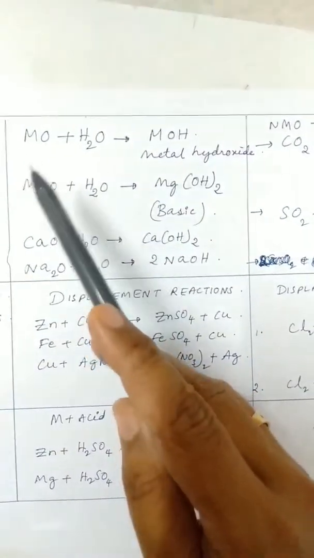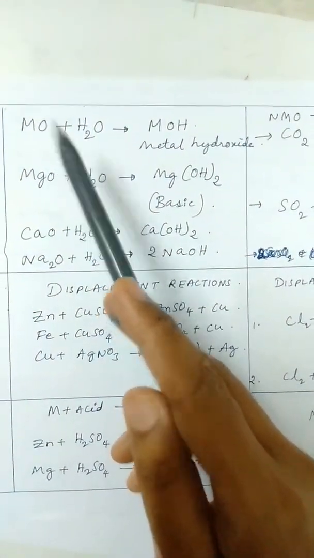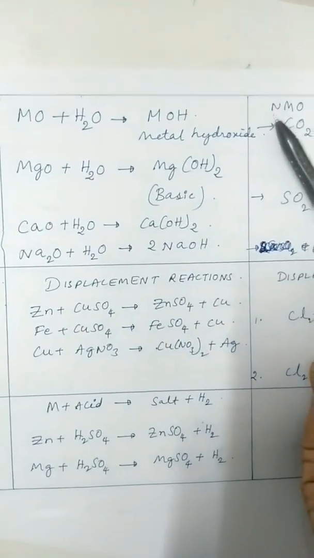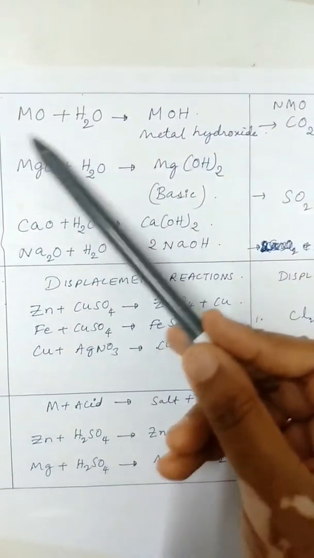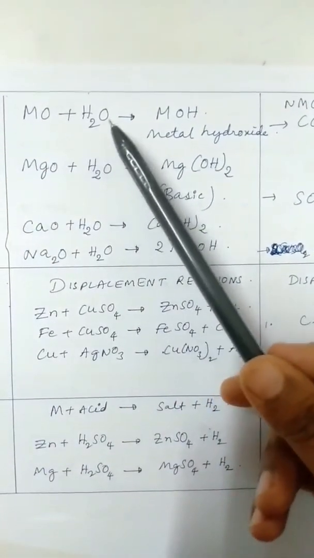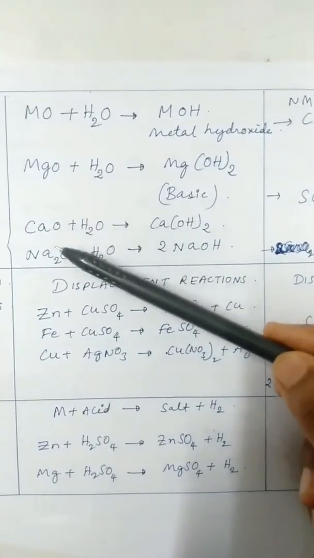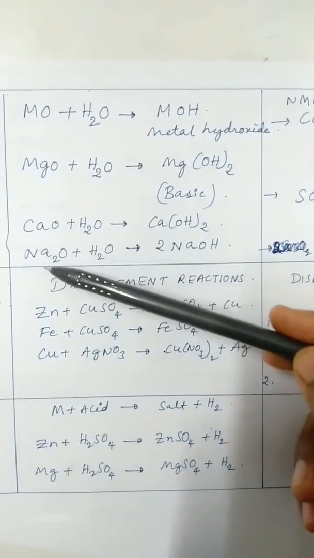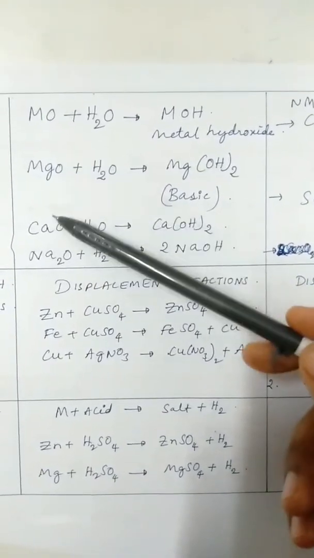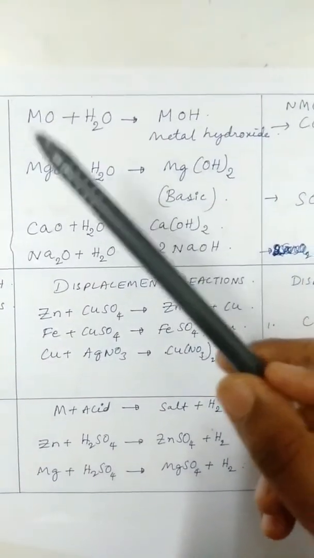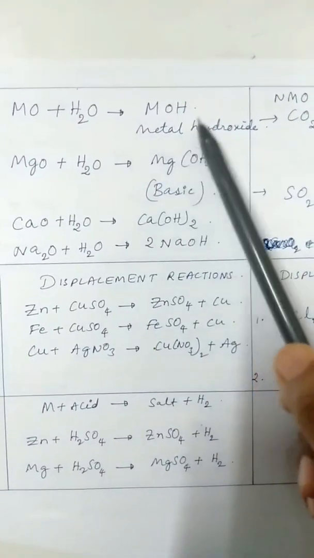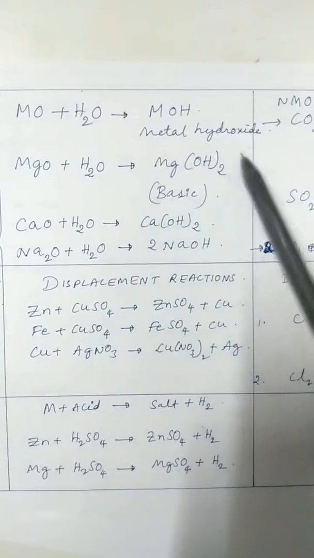Most of the metal oxides that are formed when metals react with oxygen are insoluble in water. They don't dissolve in water. But there are a few metal oxides like sodium oxide, potassium oxide, calcium oxide and magnesium oxide, which can dissolve in water and form alkalis or metal hydroxides.